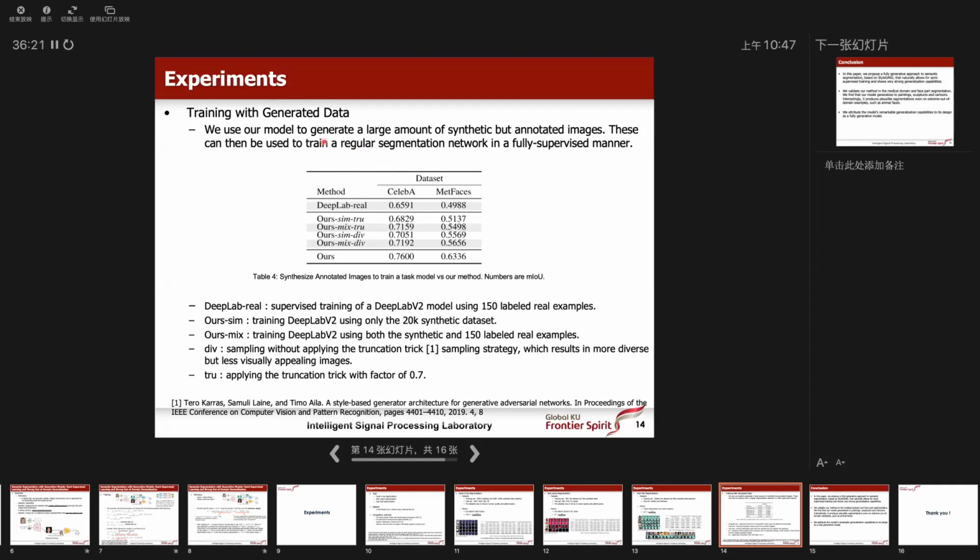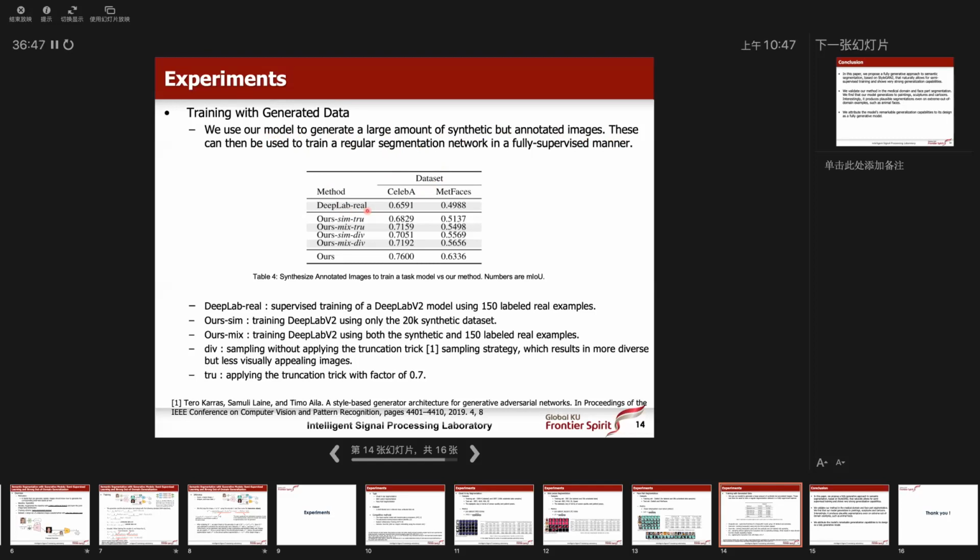The author used the model to generate a large amount of synthetic but annotated images, and this can be used to train a regular segmentation network in a fully supervised manner. It tests the performance on the face segmentation task. We can see the methods, the first one is DeepLab real.